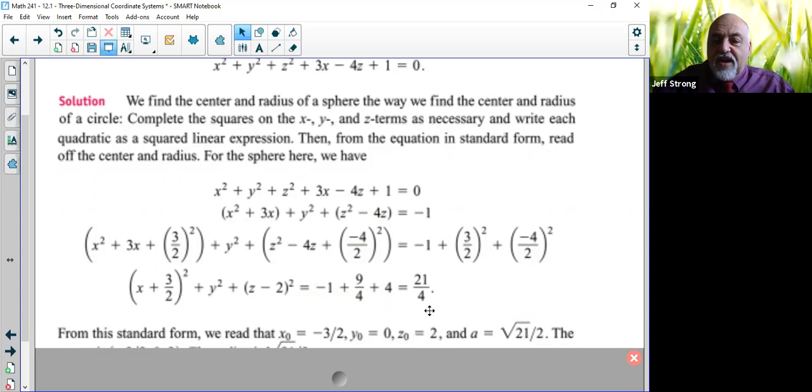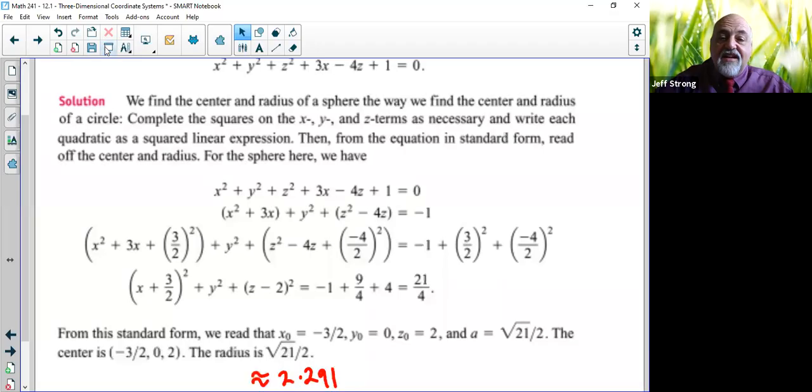Then 21/4, if we take the square root of that, is the square root of 21 over 2, because the square root of 4 is 2. So the final answer is that the center is at negative 3 halves, 0, 2, and the radius is radical 21 over 2, or you could write it as a decimal. You could just take the square root of 21/4 and do it that way. Okay.